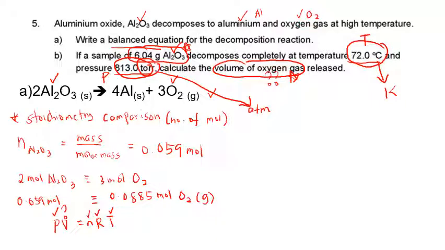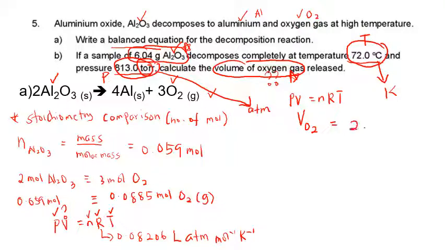The R value is 0.08206 liter atm per mole per Kelvin. Then we substitute all the values with the correct units into the formula PV equals nRT, and finally you will find the volume of the oxygen gas is equal to 2.343 liter.